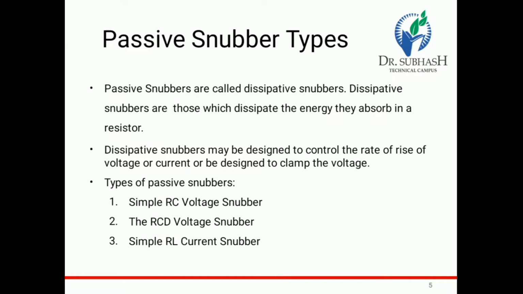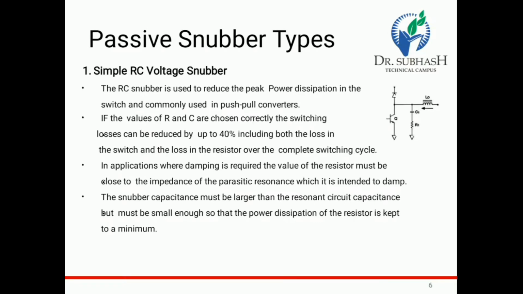Now we will discuss the details of each type of snubber circuit. First, the simple RC voltage snubber circuit. The RC snubber is used to reduce the peak power dissipation in the switch and is commonly used in push-pull converters, right?